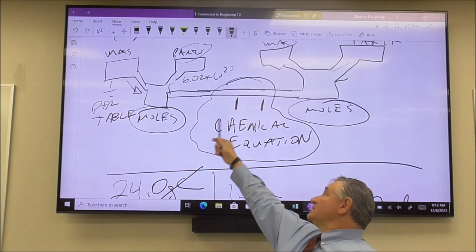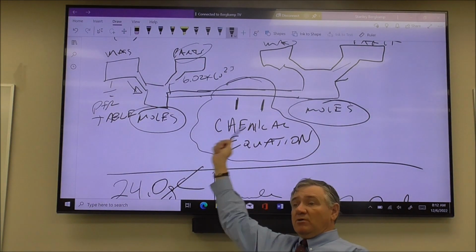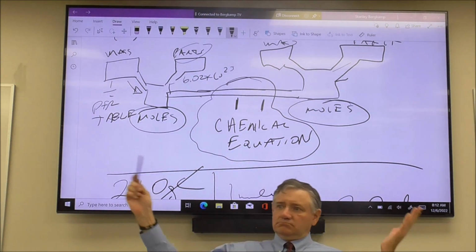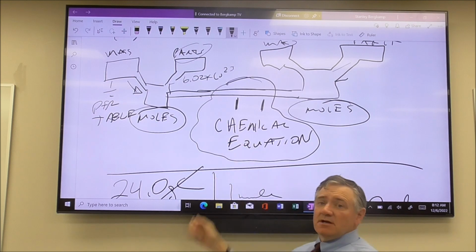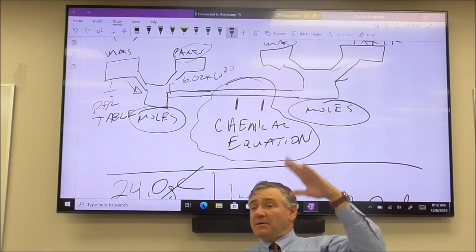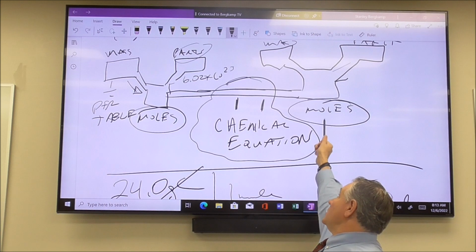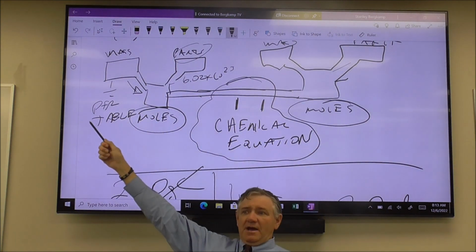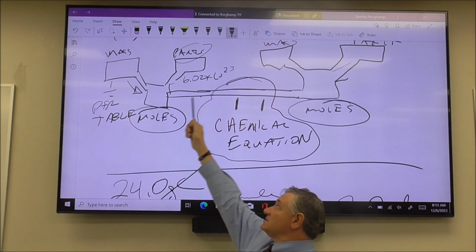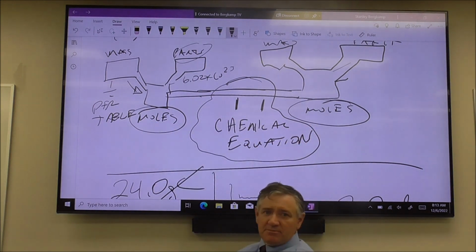So all we've done so far is talk about just mole to moles. We're just going to look at the chemical equation. But if we branch out to this, depending upon where you want to start, you might start with moles here and work backwards over here to moles and end up with mass. You might start up here with parts, go to moles, end up with another type of moles over there.